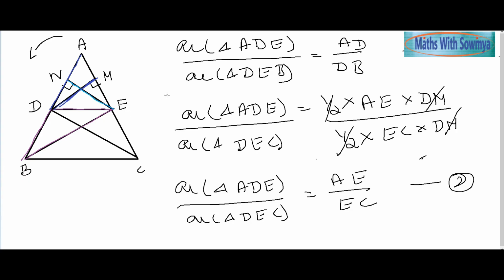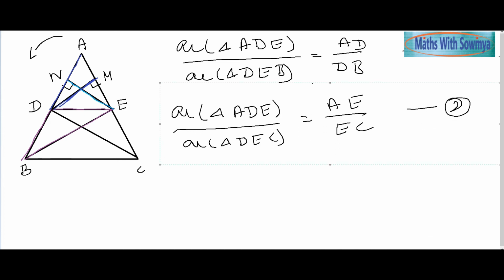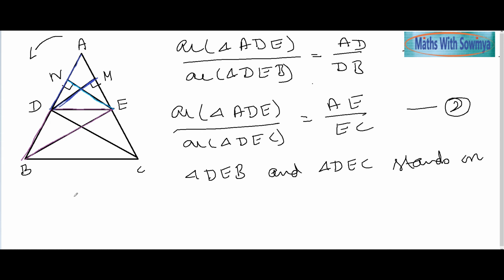So you people understood, I did it in the same way. Nothing different we took. This is also an obtuse triangle. So we got the two triangles. In these two triangles, the area of triangle ADE and area of triangle ADE are the same, which we know. And what about the area of the triangles? I can say triangle DEB and triangle DEC stand on the same base DE, and these two lines DE and BC are parallel, given to us.